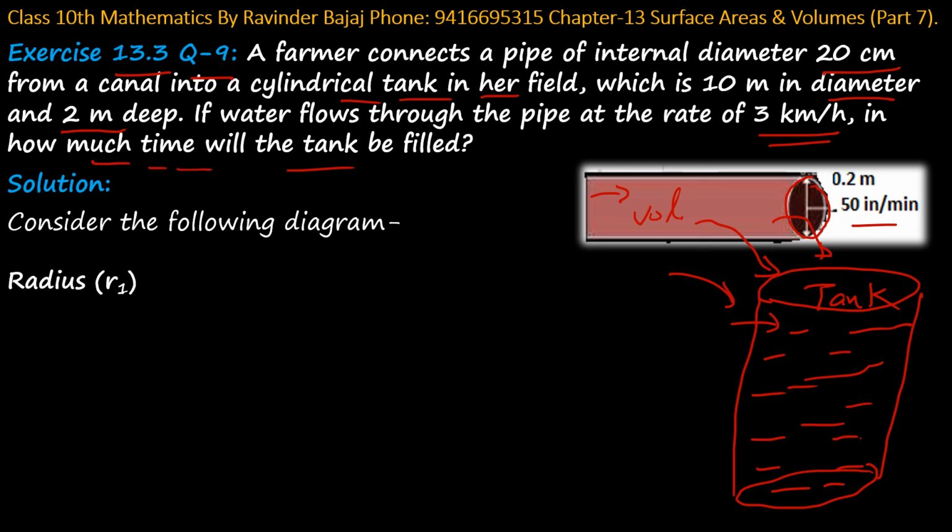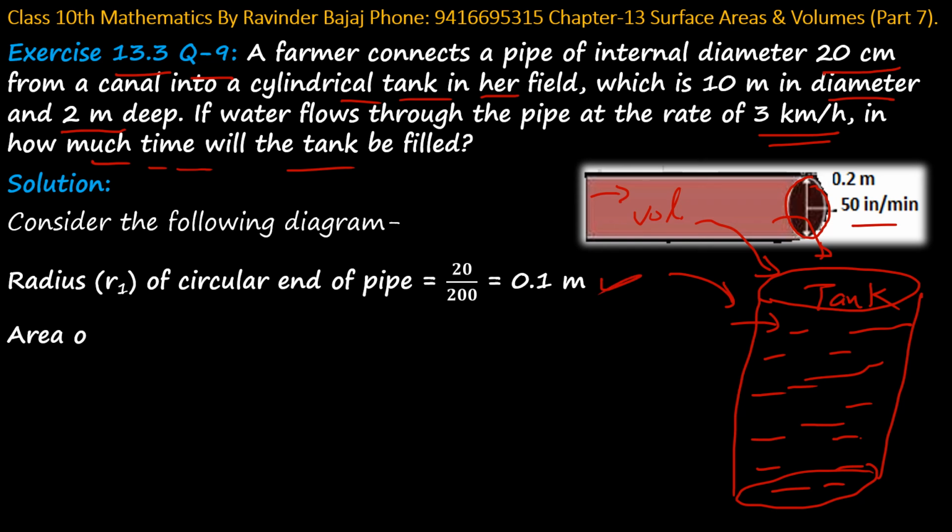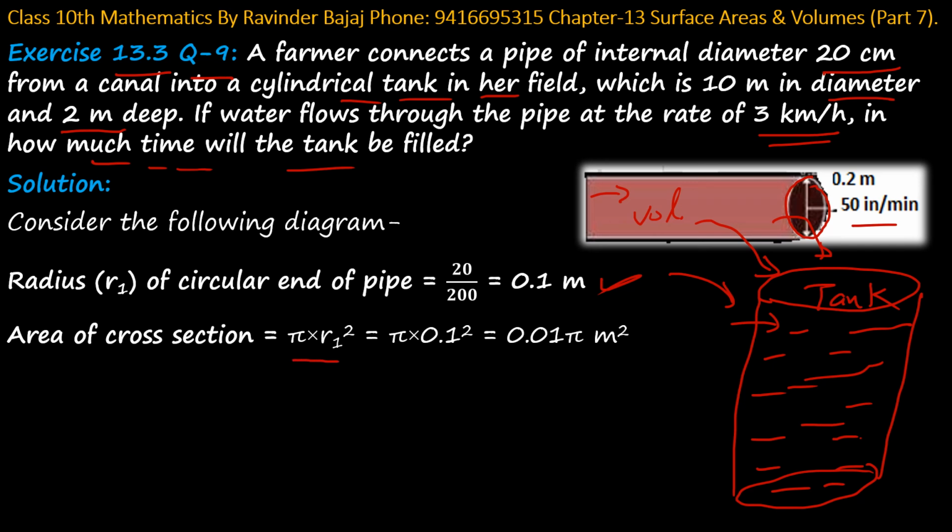See the solution. Radius r1 of the circular end of the pipe is equal to 0.1 meter. Area of cross section is equal to pi r square. This is the area of circle, and multiplied by time it will become the total volume of this pipe.